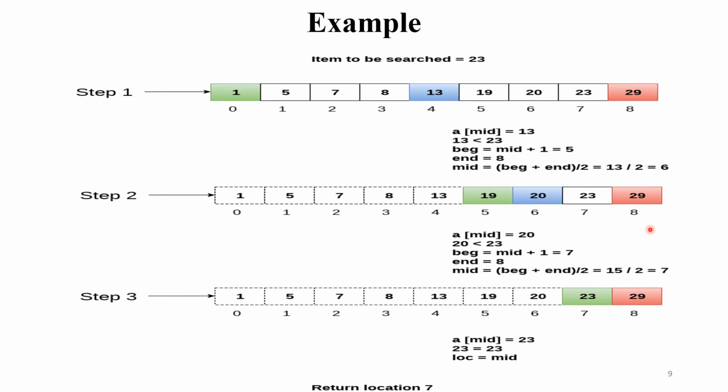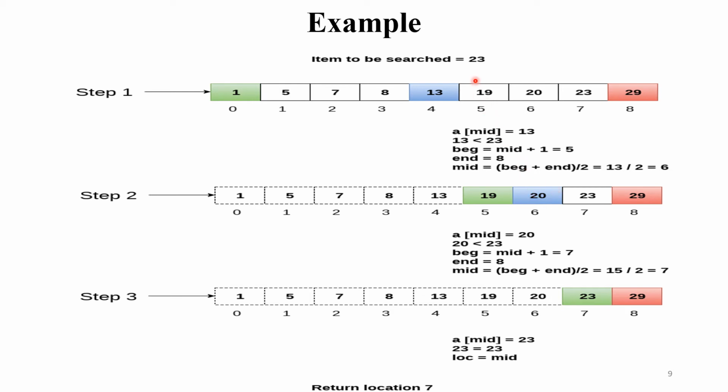Now we calculate the middle element of this array using mid is equal to beginning plus end divided by 2. Here beginning is 5 and end is 8, so 5 plus 8 is 13, divided by 2 is 6. So our middle element is 20. Now we compare 20 with our key.